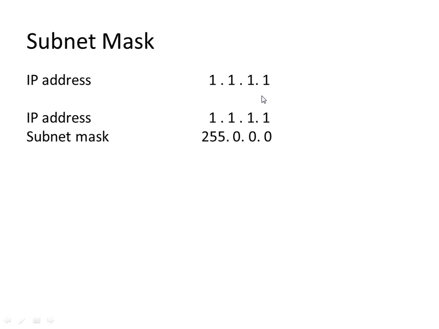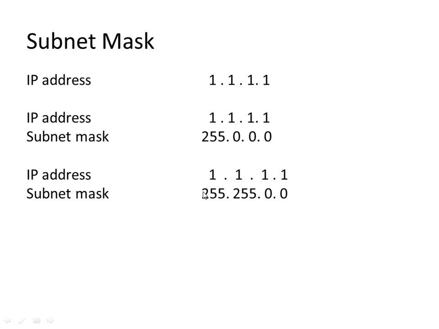In this example, a subnet mask of 255.0.0.0, what they call a Class A subnet mask, indicates that only the first octet is network ID. So this IP address is network 1, workstation 1.1.1. The next example, a subnet mask of 255.255.0.0, tells us that this is network 1.1, workstation 1.1.